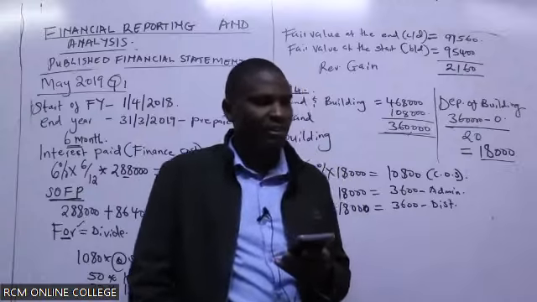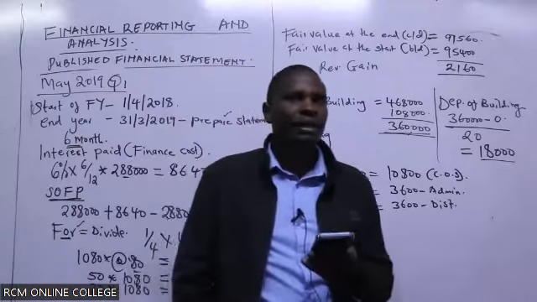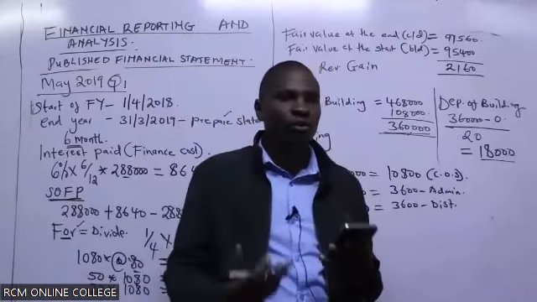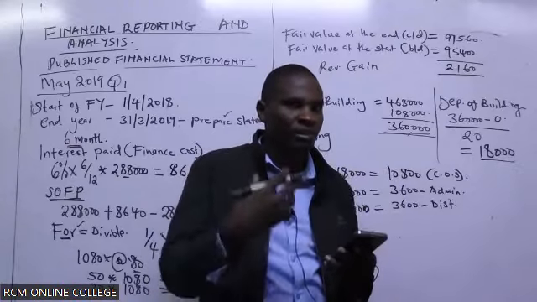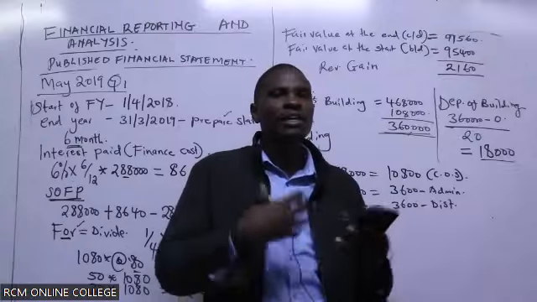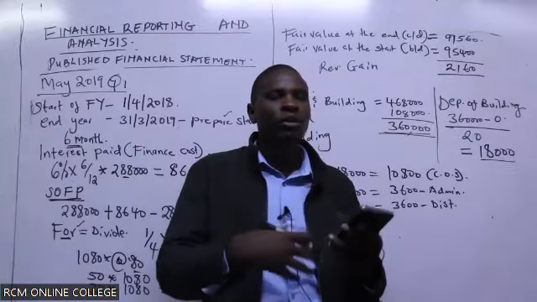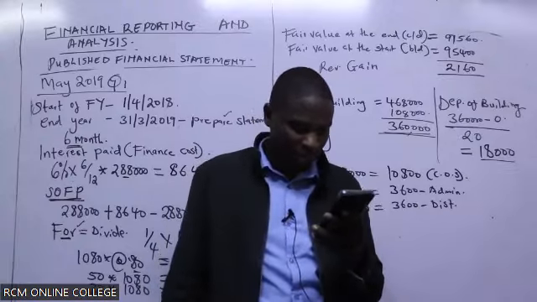There's a value there. Still tuko pale. Nimeona kulikuwa na a value alikuja akafanya revaluation or valuation of these assets. Let's see whether there was a gain on revaluation or a loss. So let's check. There's some information there.